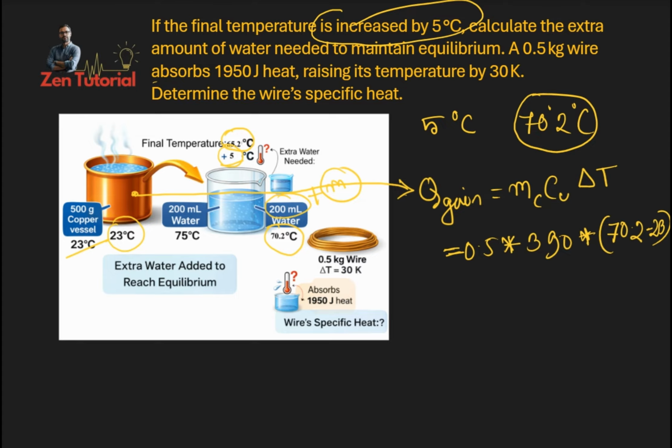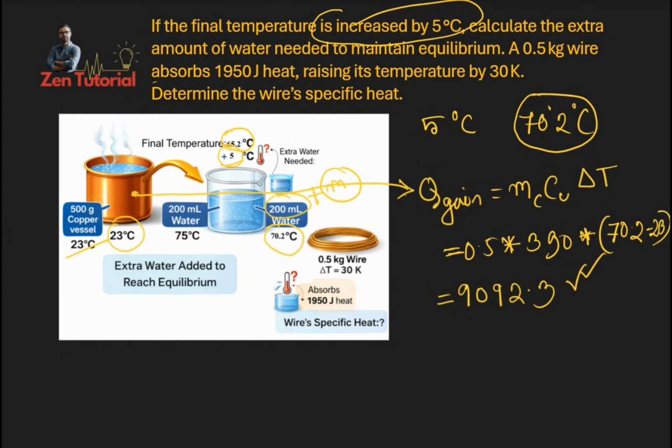Because it is 23. So how much did we get? The value is 9092.3. Heat gain is this amount, right?